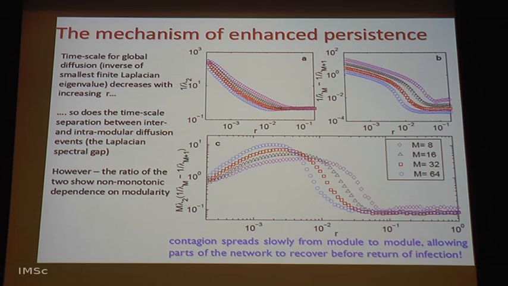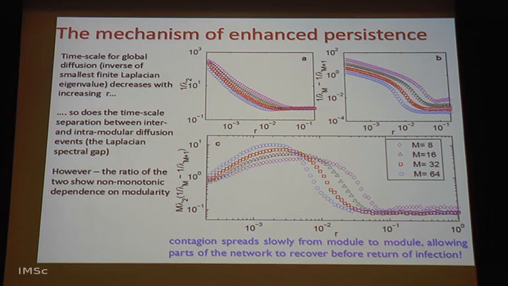So what we found is the infection spreads fast within the module, and at the same time it slowly spreads to the other modules. At the same time, the infected persons recovered, and the recovered persons become again susceptible.